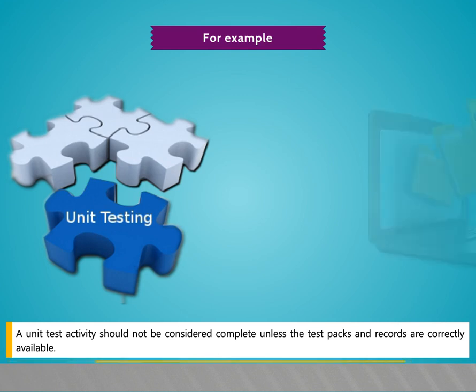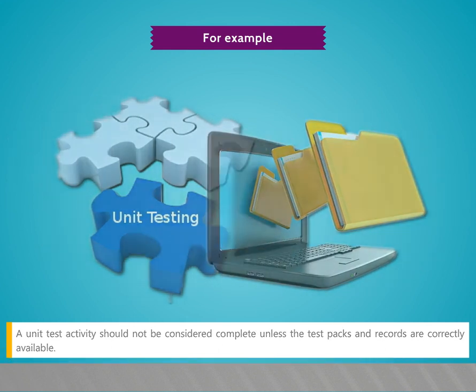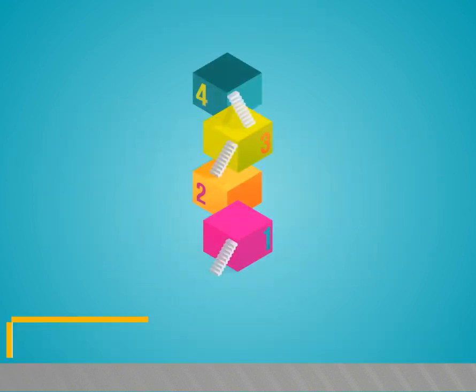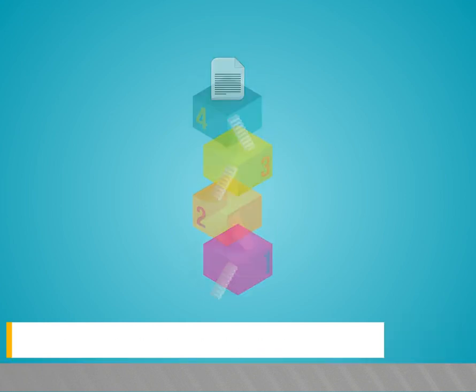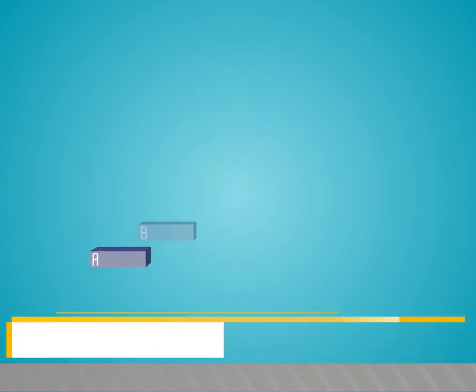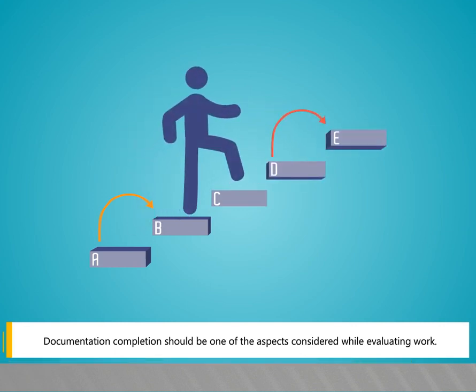A unit test activity should not be considered complete unless the test packs and records are correctly available. The next phase should not be started unless a phase is complete, including the documentation. Documentation completion should be one of the aspects considered while evaluating work.